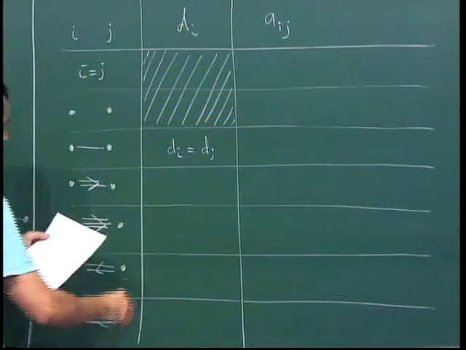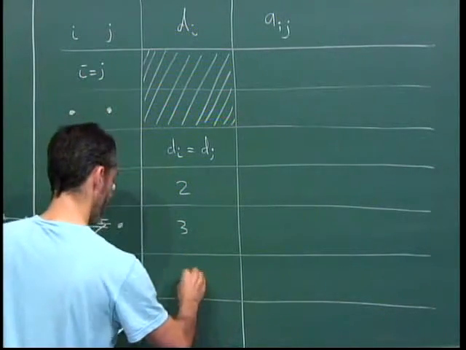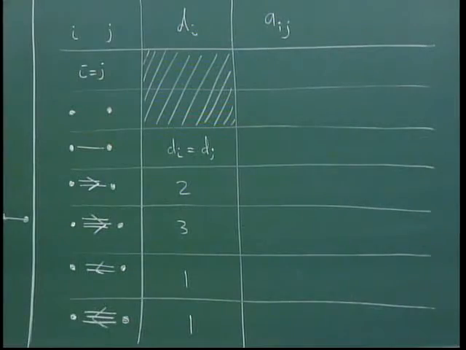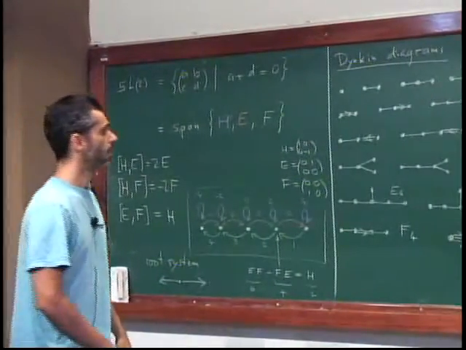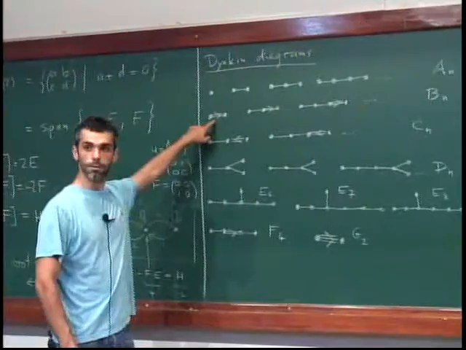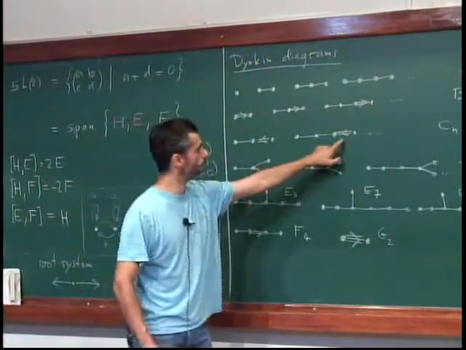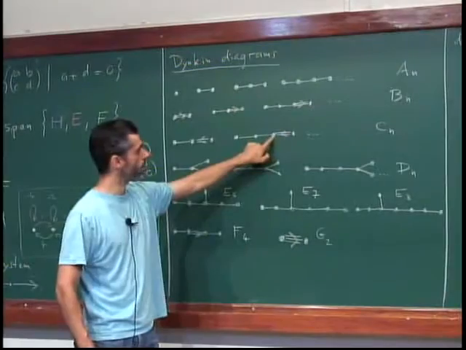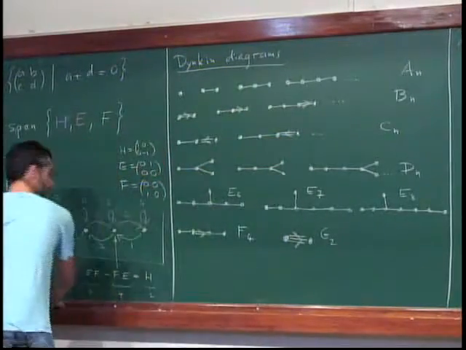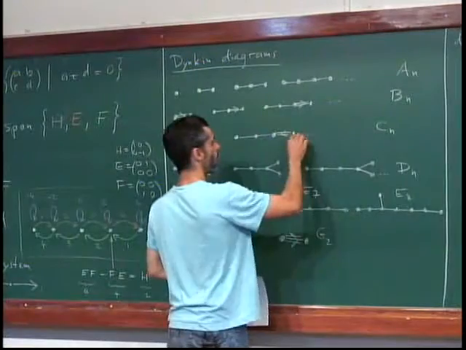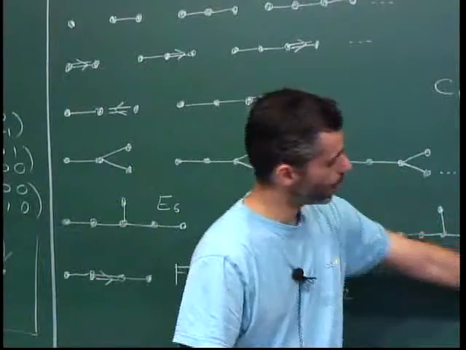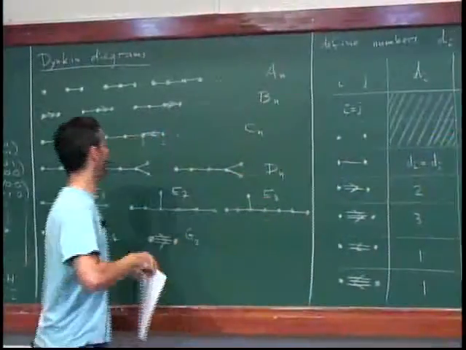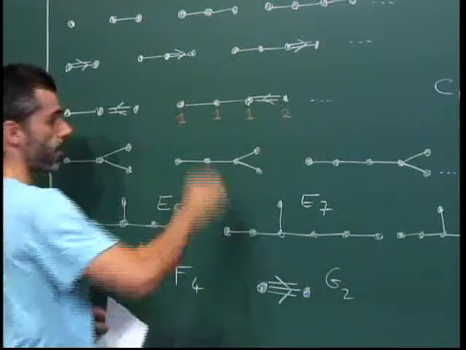However, in those cases, I will tell you what it is. It's 2, 3, 1, and 1. And with that information, you can figure out what the di's are for anything. Except, when there's a double arrow, then you know what it is. For example, here I know that di is 1 here, and let me write the di for this guy here. The di is going to be 1 here and 2 there, because that's what these two things say. And then using that rule, I can propagate this 1, and I know that it's like this.